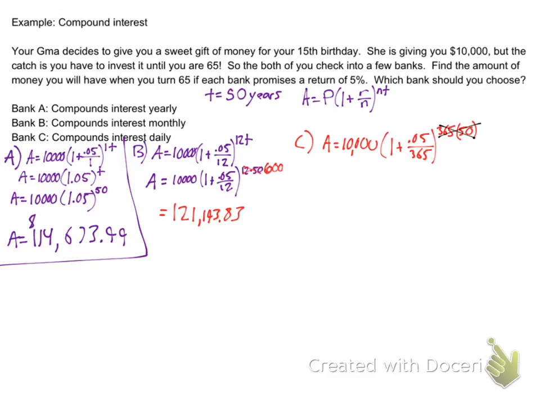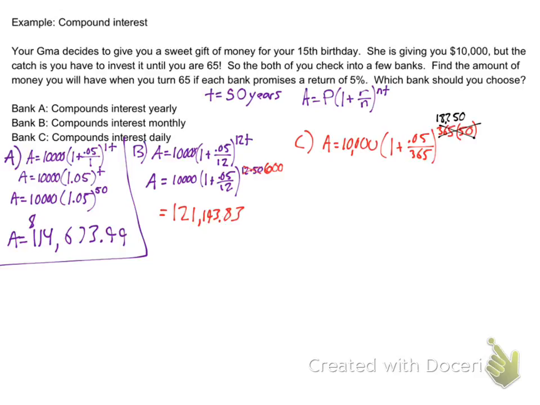I don't want to use that, so I'm going to cross it out. It's a lot of times being compounded because you're doing this 365 times a year. What is 365 times 50? 18,250. In the lifetime of this loan, your money will be compounded 18,250 times.